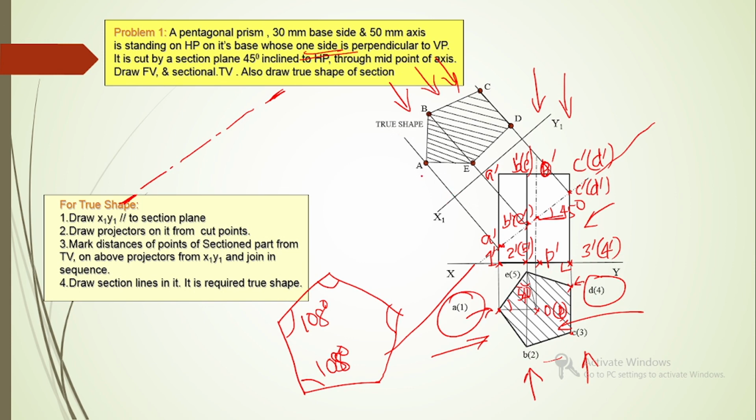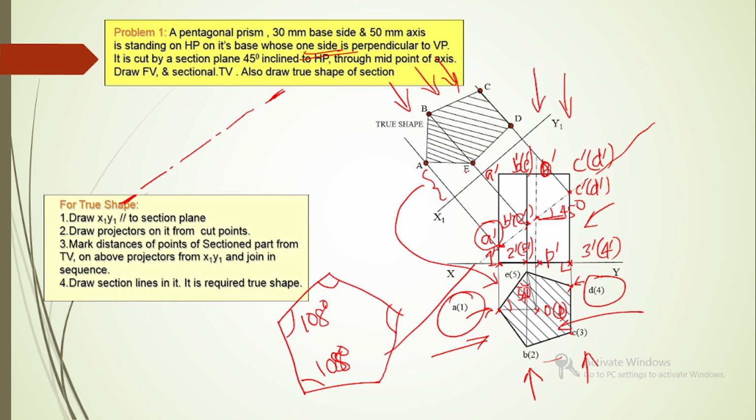Here, the distance of capital A from the newly created x1 y1 line must be equal to the distance between the xy line and the top view of this particular point A dash.